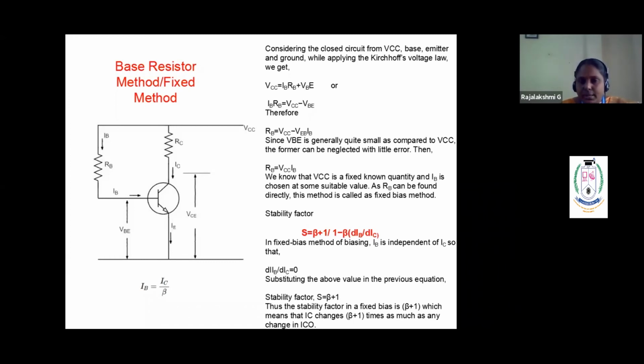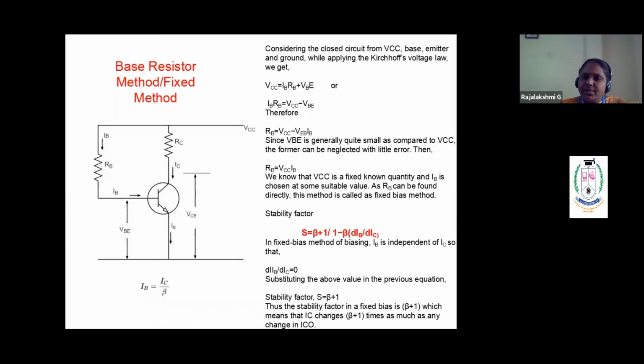In the fixed bias method, IB is independent of IC, so dIB by dIC is made 0, and the term vanishes.